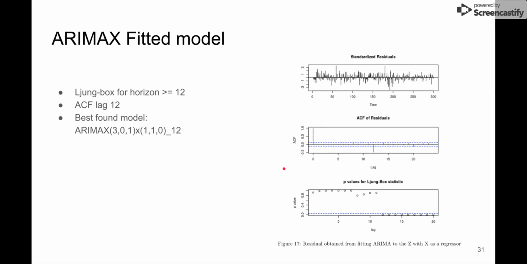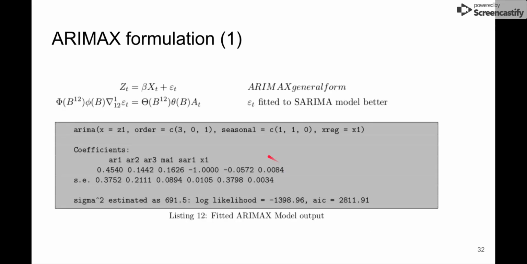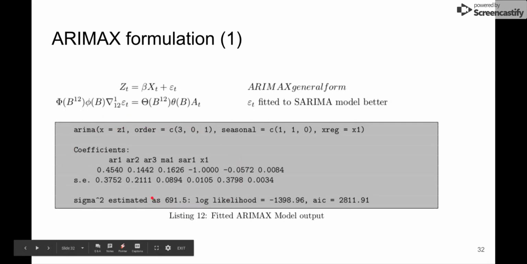And let's see the results. So the general form of the ARIMAX model is like this, and because I used the SARIMA for the residual part, the formulation would be looking like this, and this is the output of the algorithm of the model.